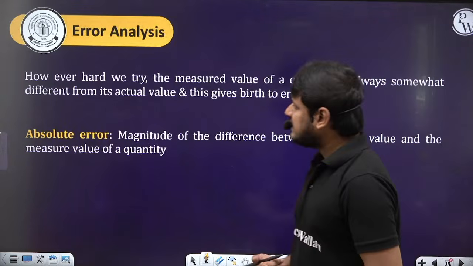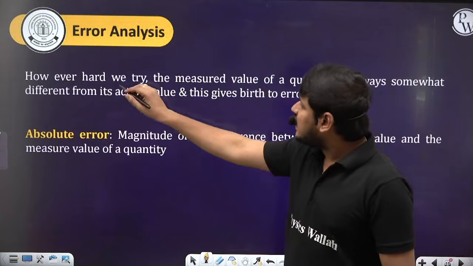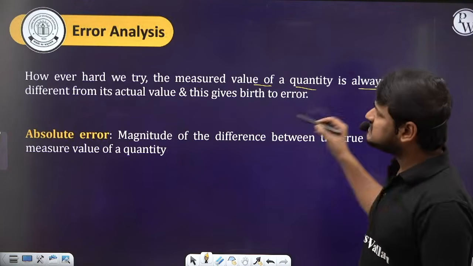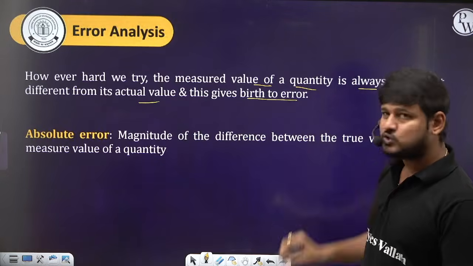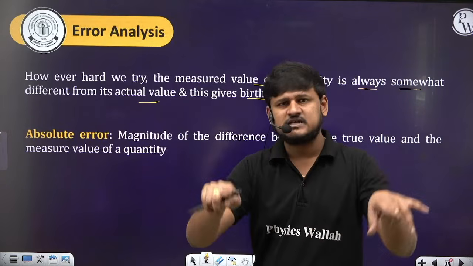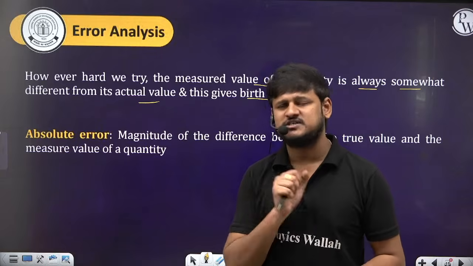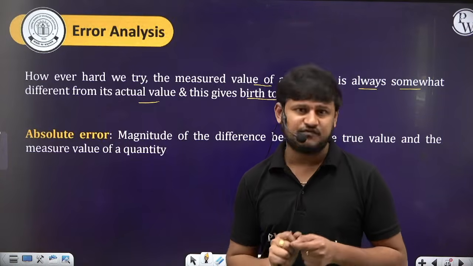So now let's go for the error analysis. However hard we try, the measured value of a quantity is always somewhat different from its actual value. This gives birth to the error. Let's suppose you are measuring some dimensions of some object. One time you measured, you got something. Next time you measured, again you got some minor difference, not major.